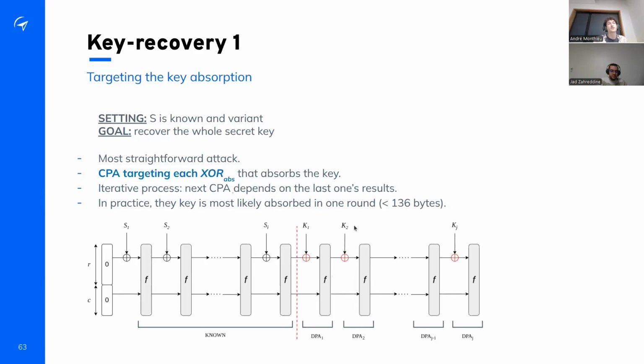In fact, before attacking K2, you would need to attack K1 successfully to be able to compute the state before K2 is being absorbed. But in practice, the key is most likely absorbed in 1 round as the rate is quite big. A symmetric key is often less than 136 bytes. So yeah, that was for the first key recovery, the most straightforward in the ideal scenario.